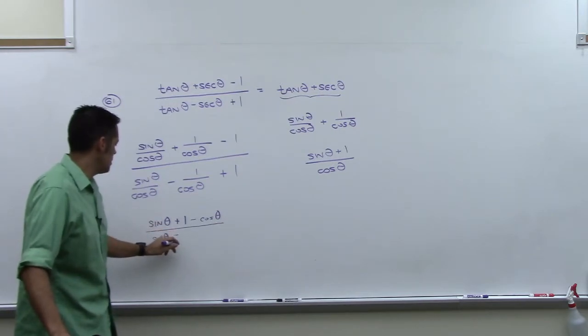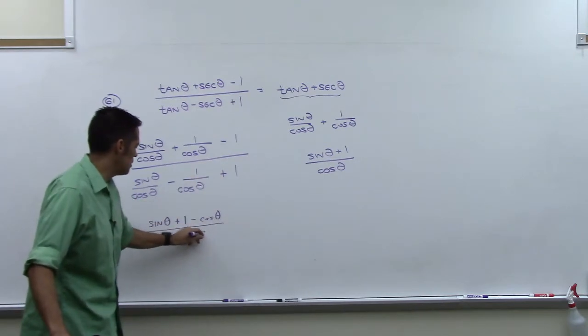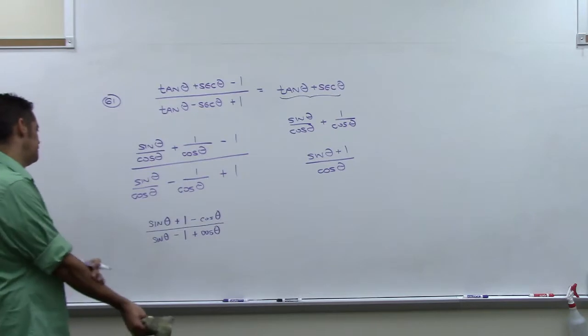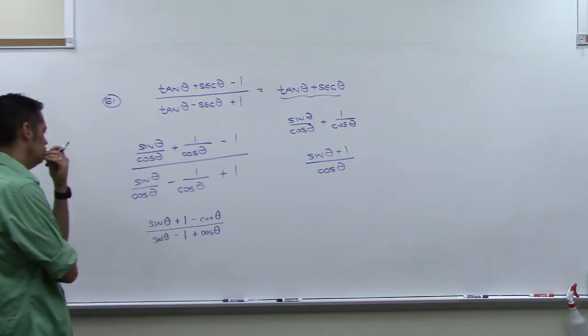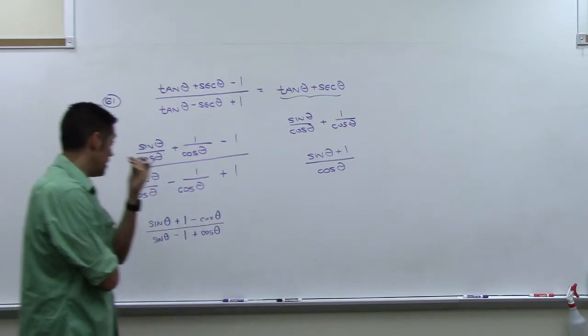Then minus, multiply cosine here, I get 1. Multiply cosine there, plus cosine theta. I'm trying to get to this.